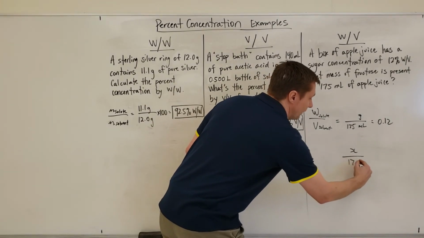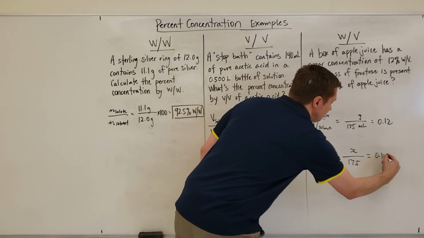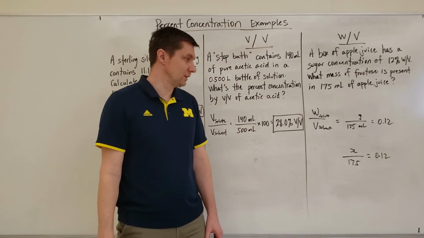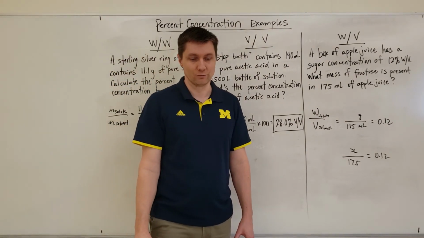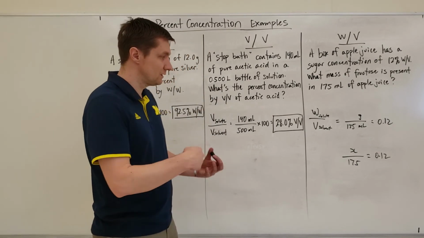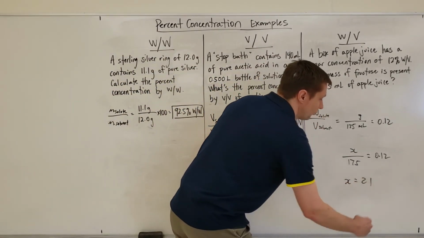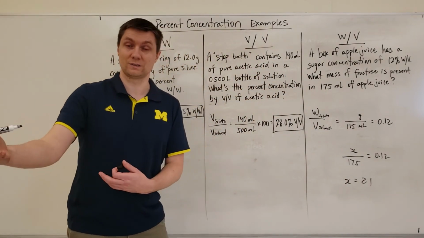So x divided by 175 gives me 0.12, and when you plug this into your calculator, you'll see that x is equal to 21. Now, what are the units of 21?